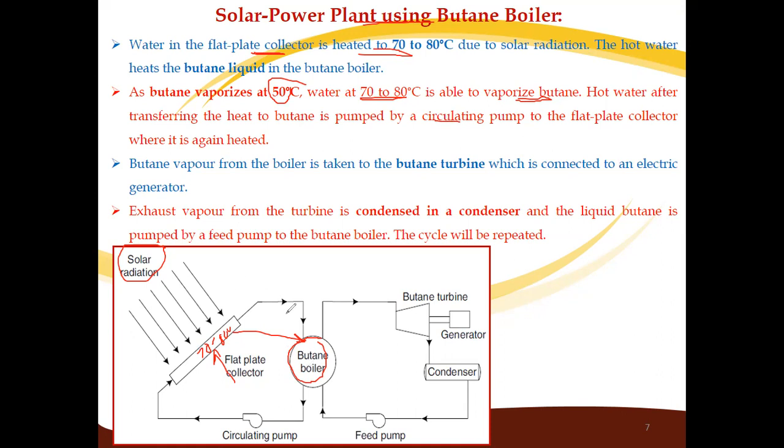Now the butane vapor, almost at 50 degrees Celsius from the boiler, is taken into a butane turbine. So in this we require a butane turbine, which is connected to an electrical generator.